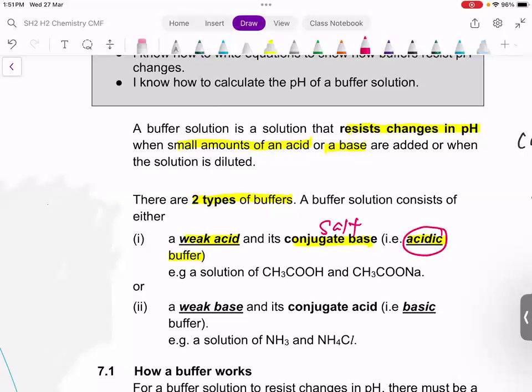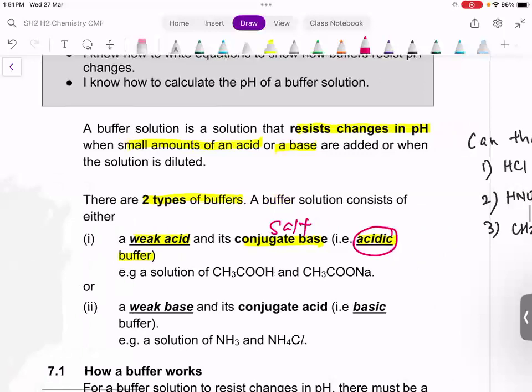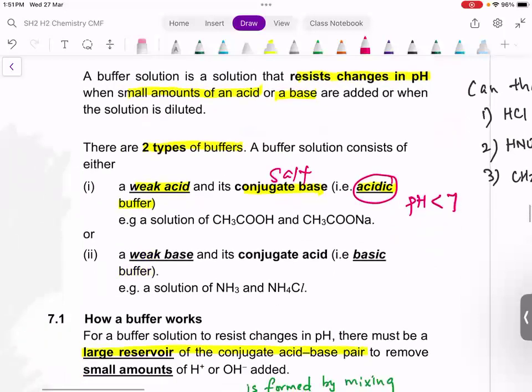What do I mean by acidic buffer? It will maintain a pH value less than 7. It can be 6, it can be 5, up to the system required. If you have a weak base, how do you form a basic buffer?